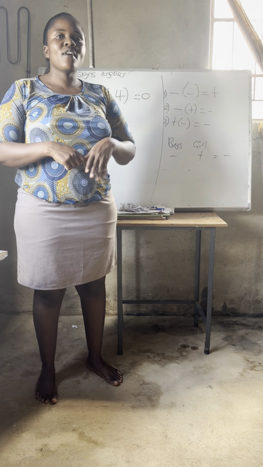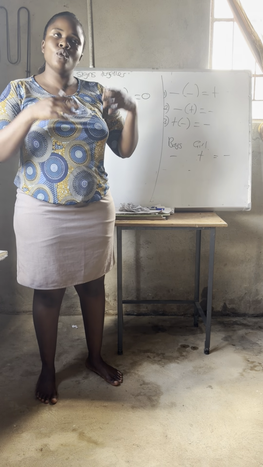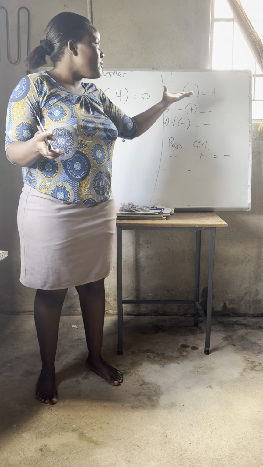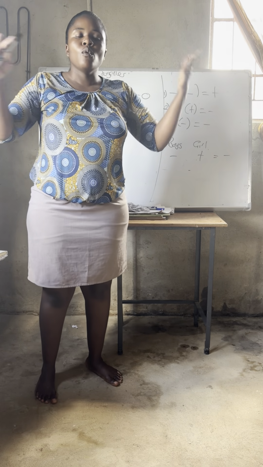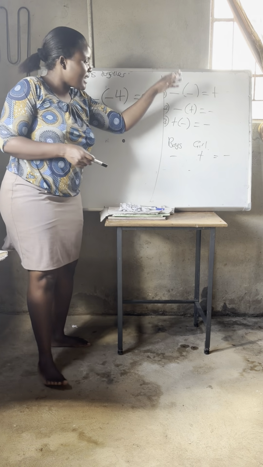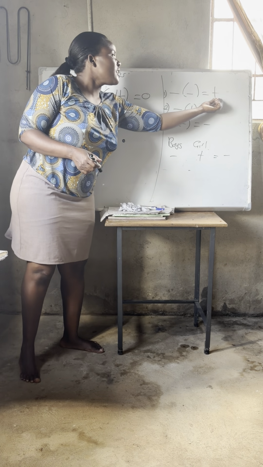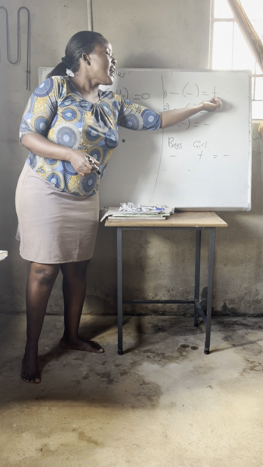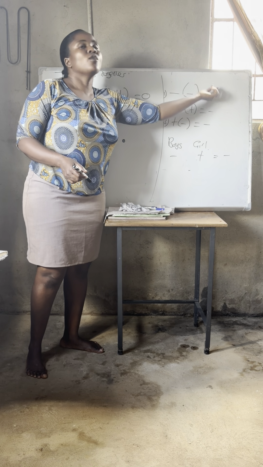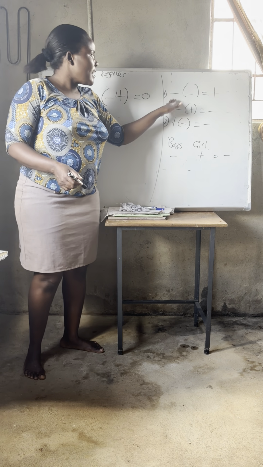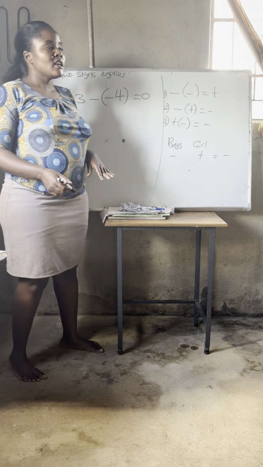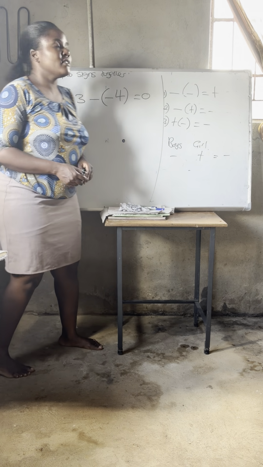Why? Because there are no boys. Usually boys do not do chores at home. So if there are no boys, it's now the girls who take over all those duties. So a negative and a negative, we are now giving them the roles of boys, right? So a negative and negative is a positive, right?